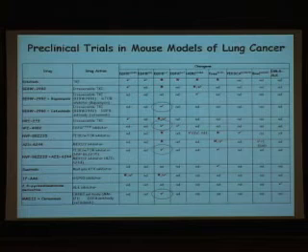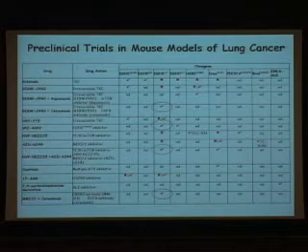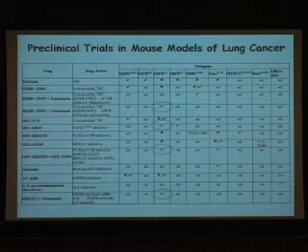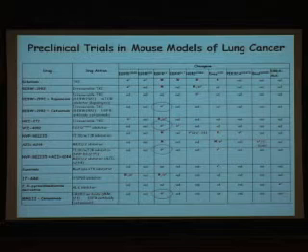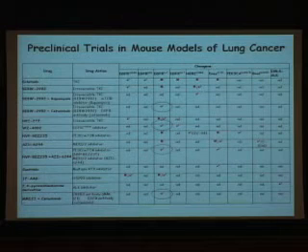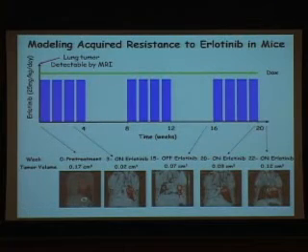What you can see is that using these mouse models, there have been several strategies identified to overcome resistance to tyrosine kinase inhibitors, using these genetically engineered mice, and they are being looked at to design trials in humans.